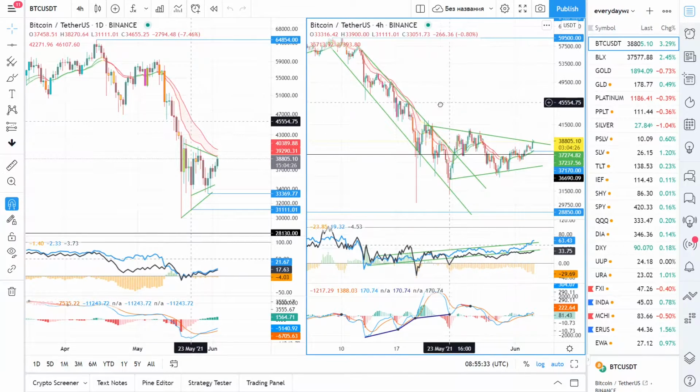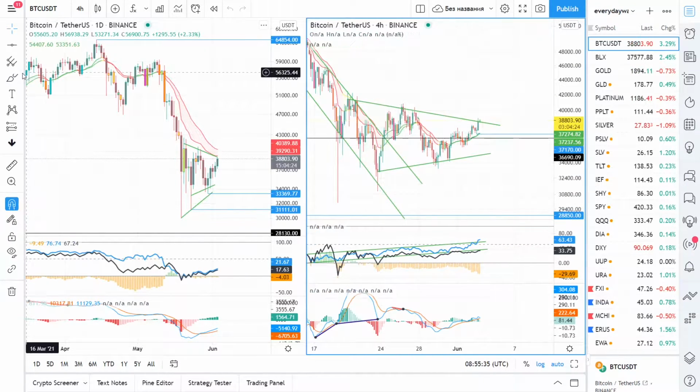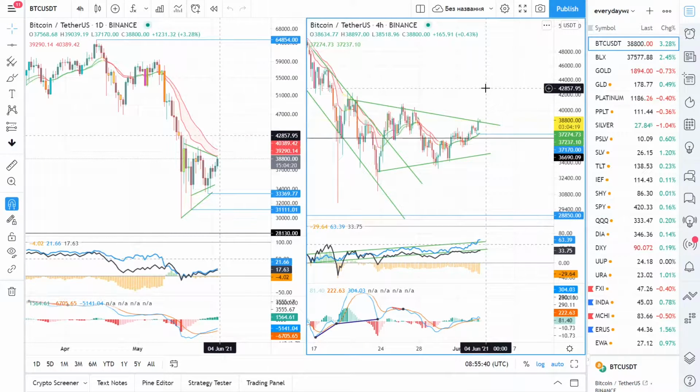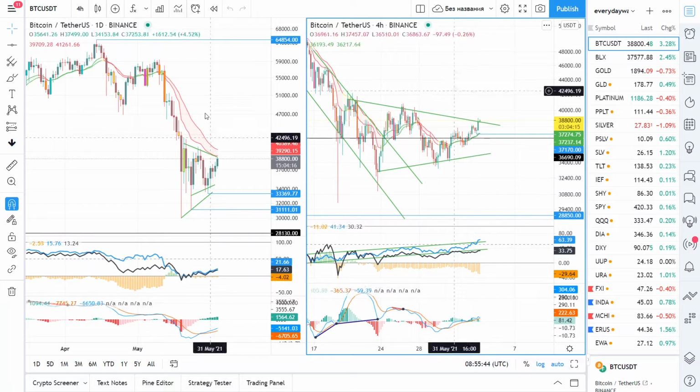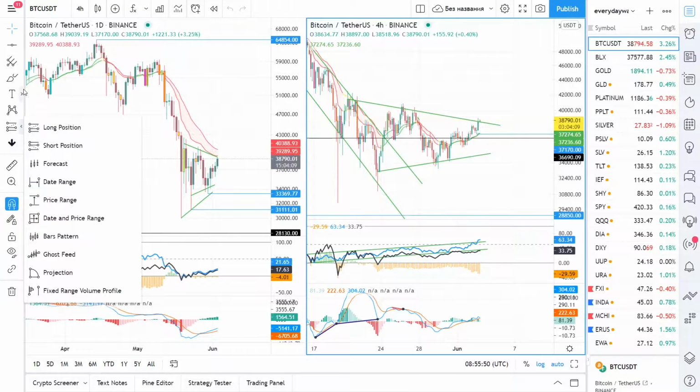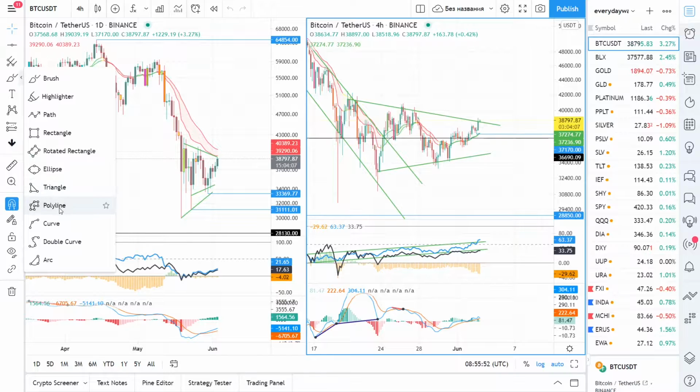taking this into consideration, I'm expecting some kind of a breakout, but to a maximum of 45k. So we'll have something very interesting.